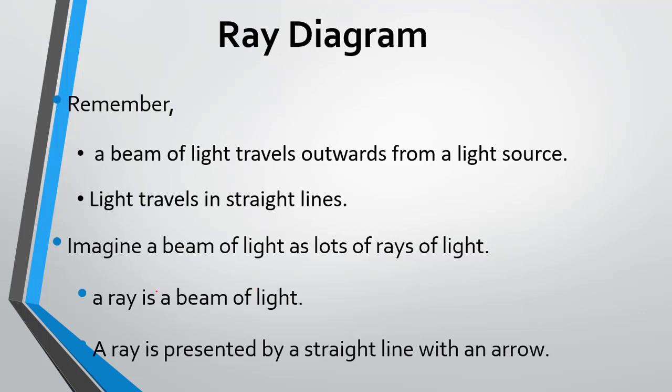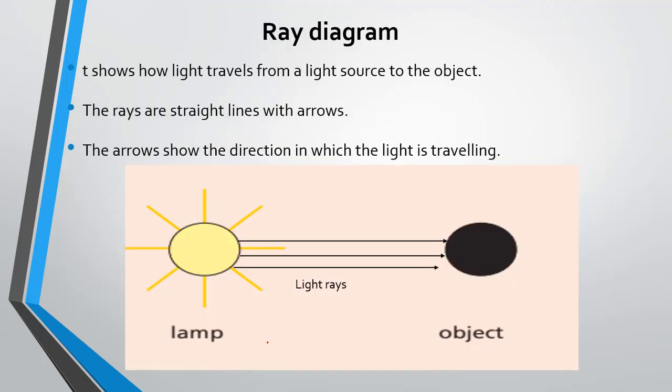So a beam of light can be represented by a straight line with an arrow, and that arrow is showing the direction of light, where the light is coming from and where it is going.